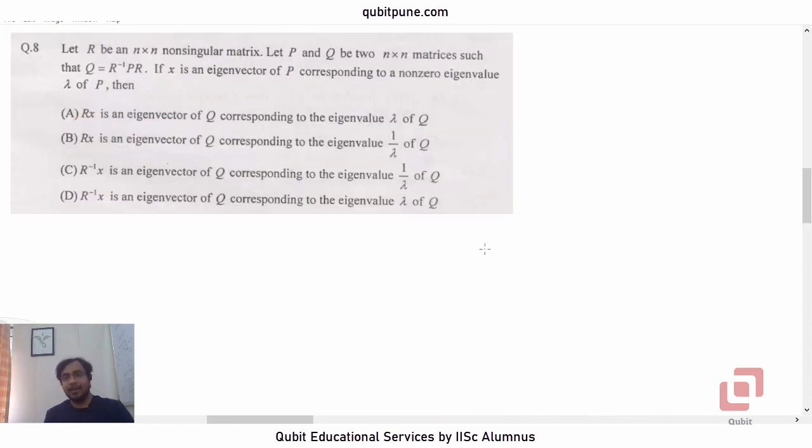Question 8, again a linear algebra problem, but this time it is based on eigenvalues and eigenvectors. Let R be an n by n non-singular matrix.